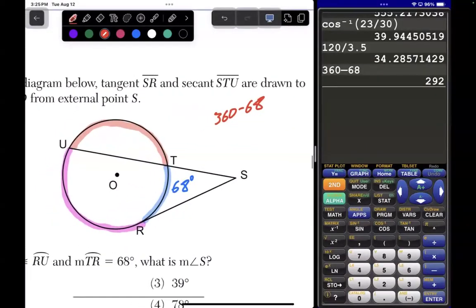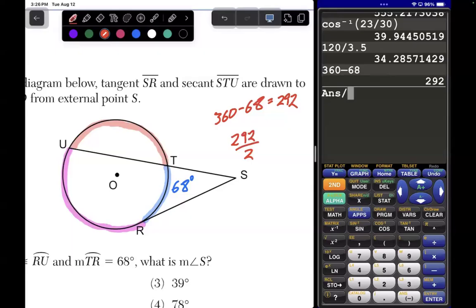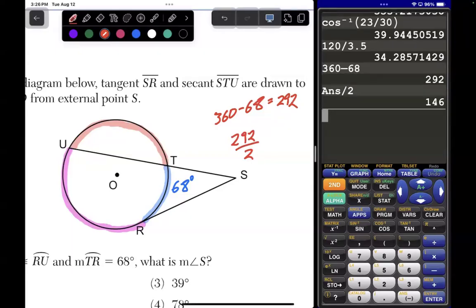So these two arcs combined have to equal 292. But they're also equal to each other. So what's 292 divided by 2? 146. So each of these arcs here are 146 degrees.